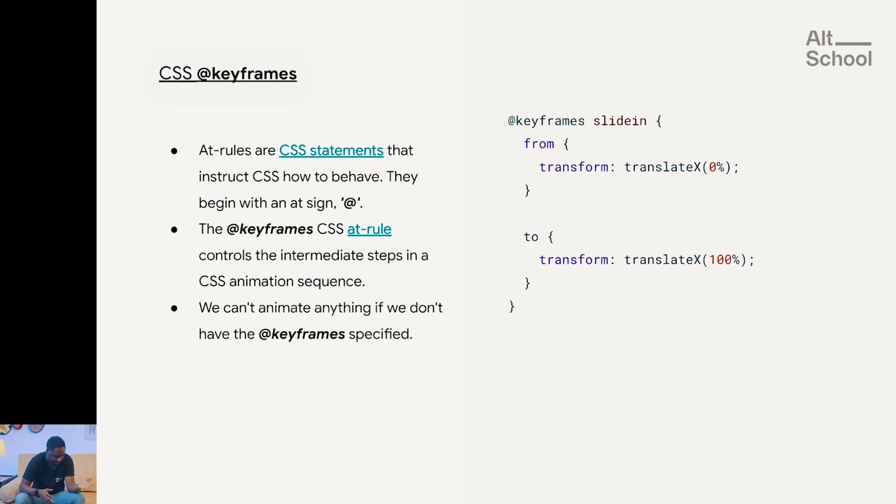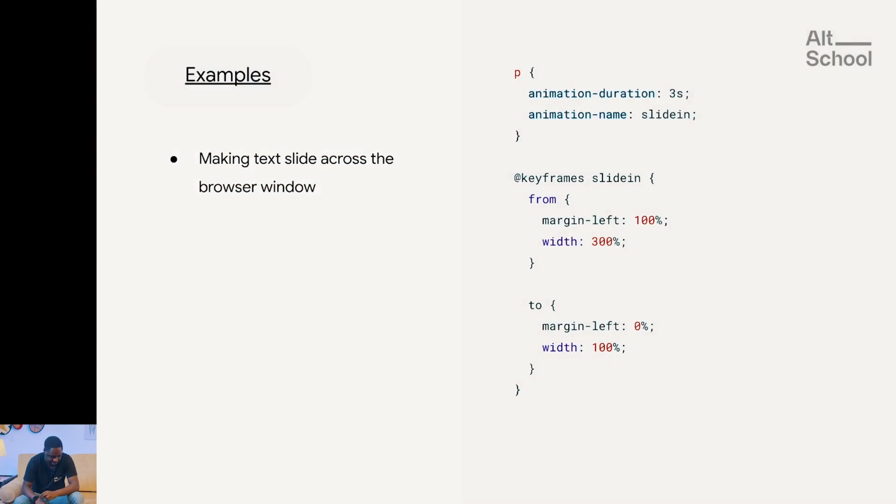We can see on the screen that we can't really animate anything if we don't have the @keyframes specified, because that is what invokes the behavior of the CSS being applied to a particular HTML element grabbed within the CSS file. So we have an example here. We have a paragraph, and the animation name is sliding, which is a keyframe.